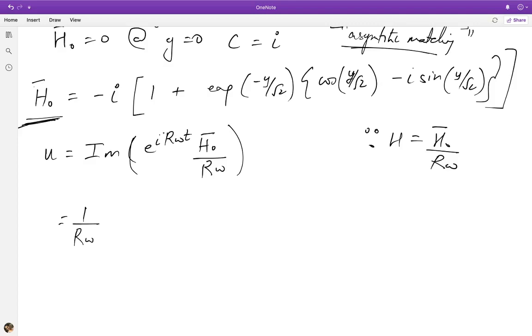Because this first term is minus I, I'll take the cosine term from here, and I just get minus 1 coming from this term. In the same way, I'll take out the imaginary part coming from the other term, so minus I times cos is the imaginary part from here.